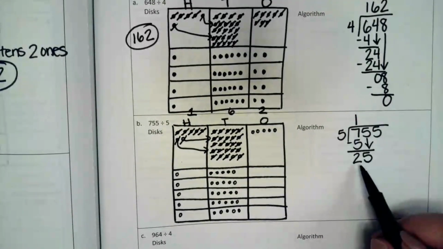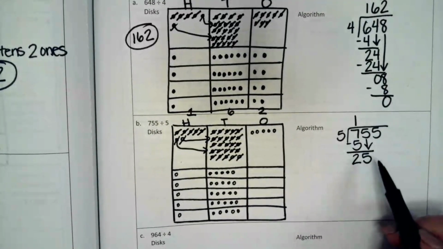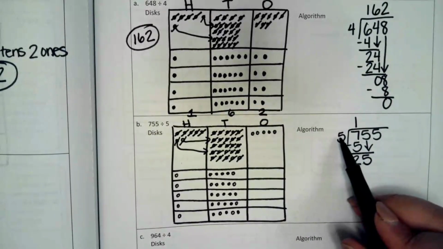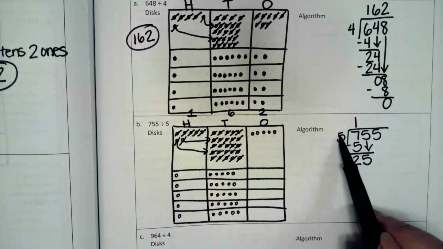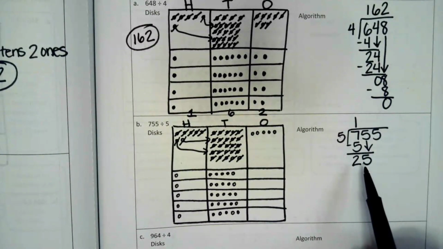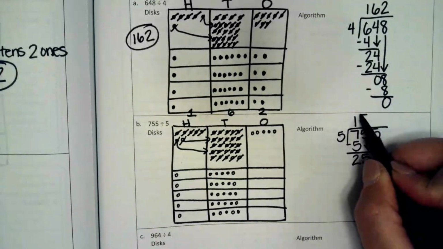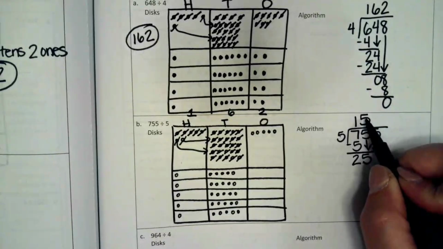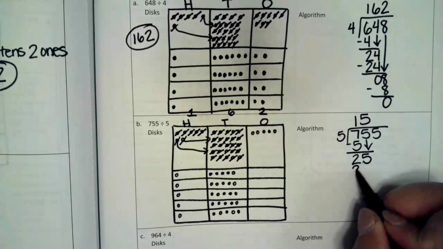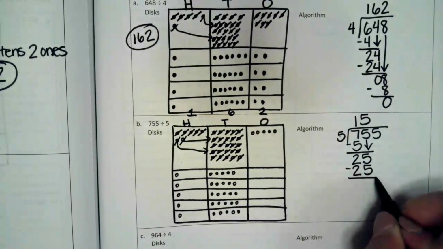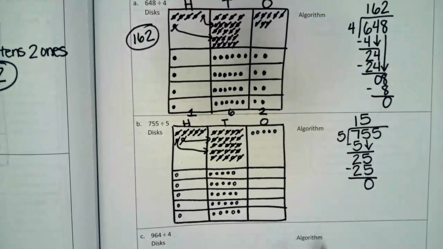Now let's look on the algorithm. Here we have 25. We need to do 25 divided by 5. How many times can 5 go into 25? 5 times, because 5 times 5 equals 25. Subtract that, and we get 0.